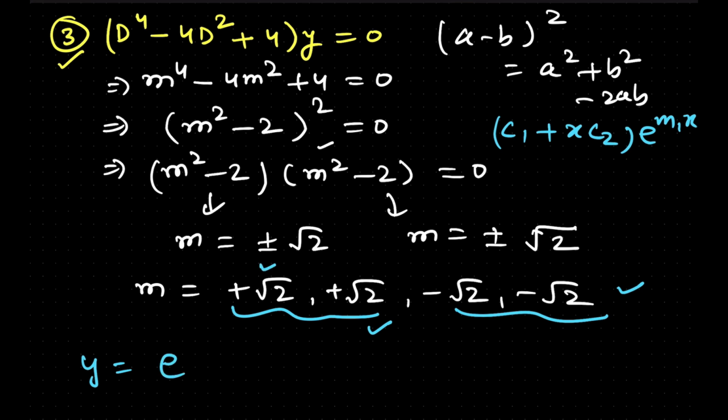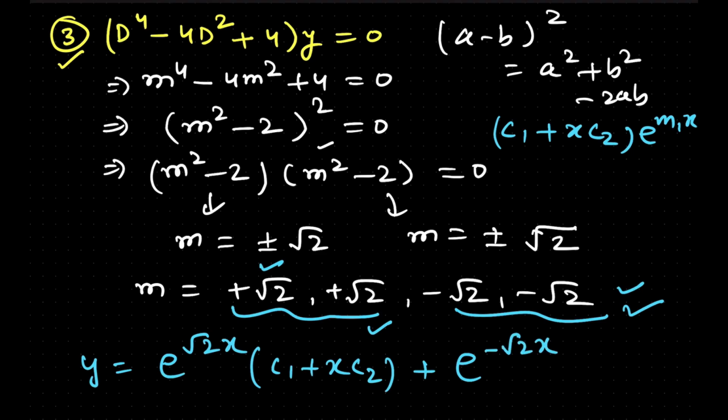So first m1 is root 2, so e to the power of root 2 x, into c1 plus x c2, plus, for the second one, e to the power of m2x. Here m2 is minus root 2, so e to the power of minus root 2 x, and here we will use other constants, that is c3 plus x c4. So this is our final solution.